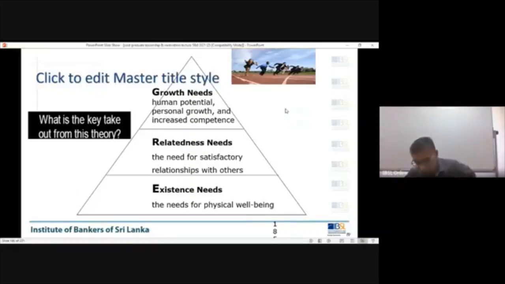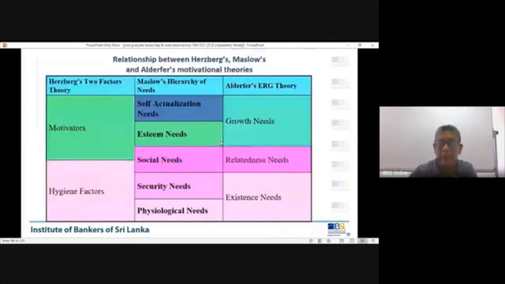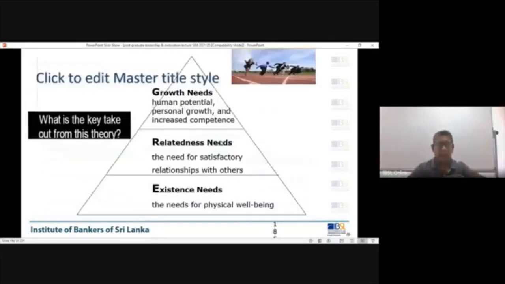Come 11:25, and then we will discuss the comparison between these three, as well as move into the content balance theories and process theories. Now we start the balance part today.